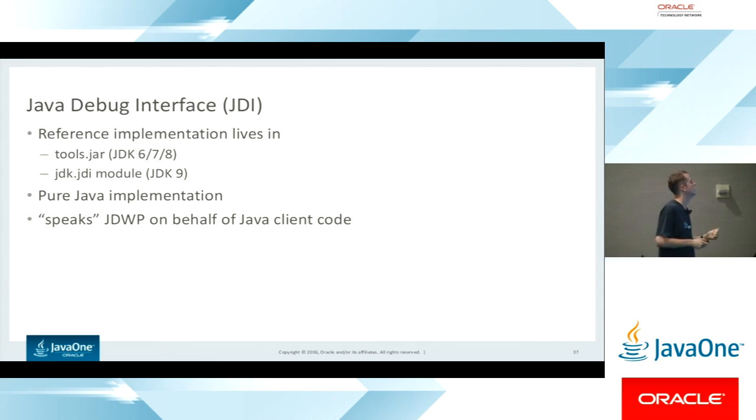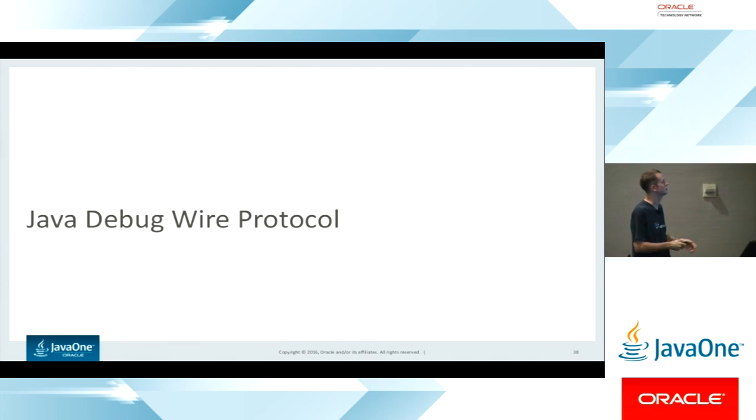But basically, it's a pure Java implementation, so you have that write once, run anywhere convenience when you're writing a debugger tool, and it's been around since at least Java 1.3, and it's extremely stable and battle tested and hardened, and so it is very reliable and easy to use. So we're just going to skip that part of the API and dig into the other two major components of the debugger framework, which is the wire protocol and JVMTI.